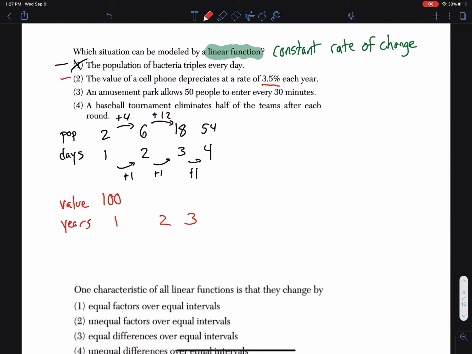So that means if it depreciates, it's going down 3.5%. So do 100 times 0.035. It goes down 3.5, so $3.50, which means we go from 100 to $96.50. Okay, so that's going down minus 3.5 as x is going up once.